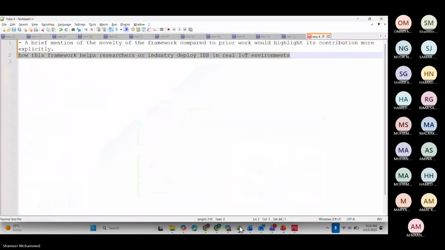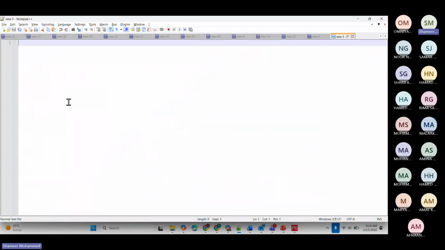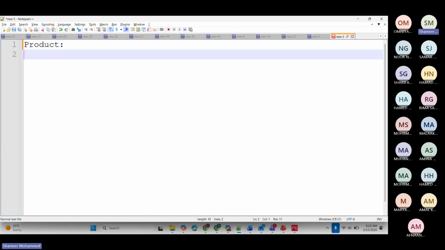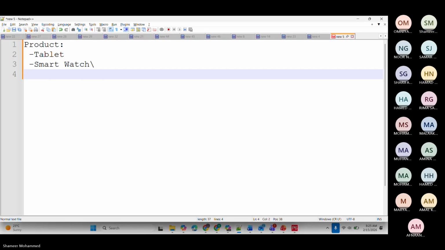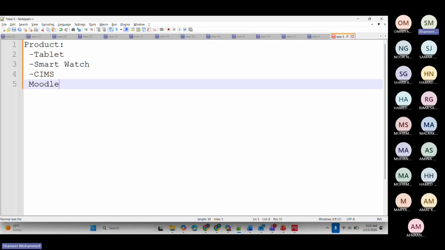What is a product? Okay. So products you can consider as, for example, an end product, a tablet, okay, or a smartwatch, okay, or the end product you are producing is like a Sims application or Moodle application.